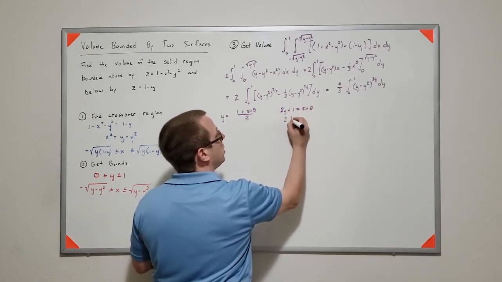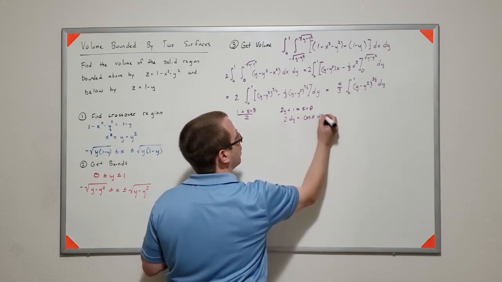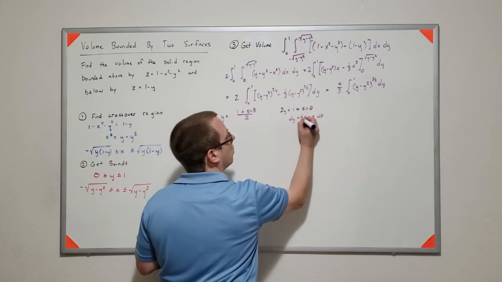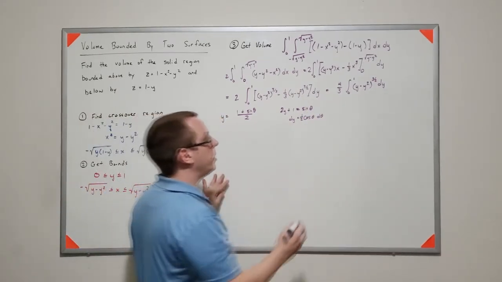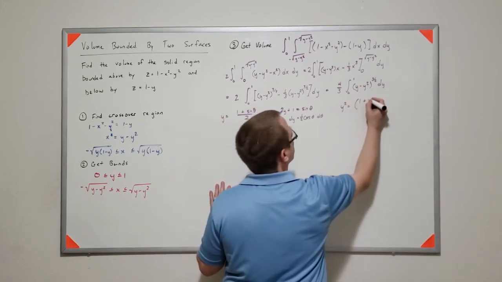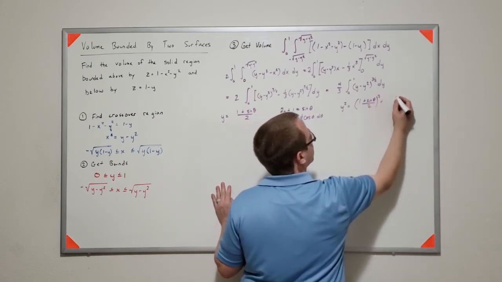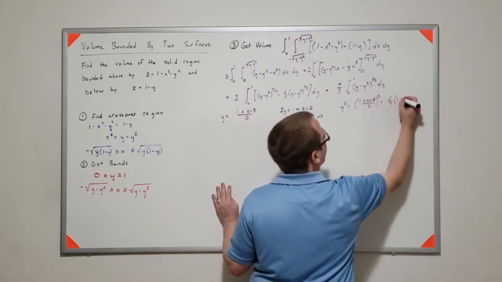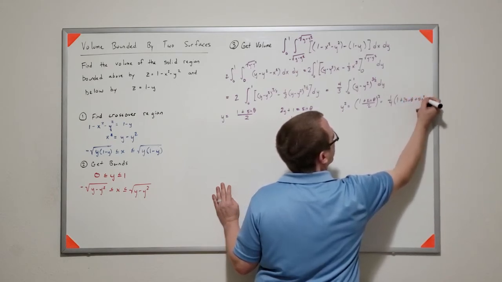So 2 dy equals cosine theta d theta. So this also tells me that y squared is ((1 plus sine of theta) over 2) squared, which is 1/4 times (1 plus 2 sine theta plus sine squared theta).